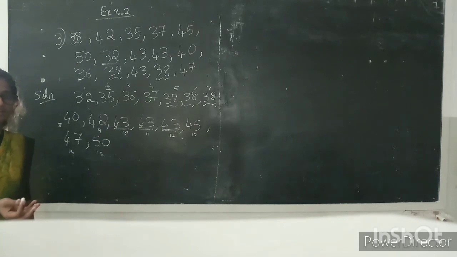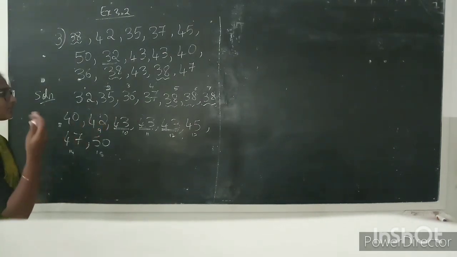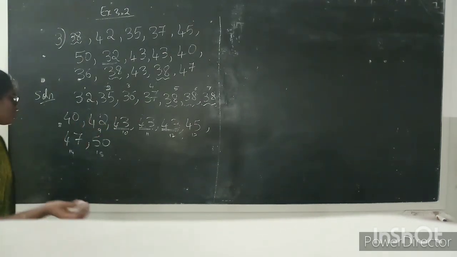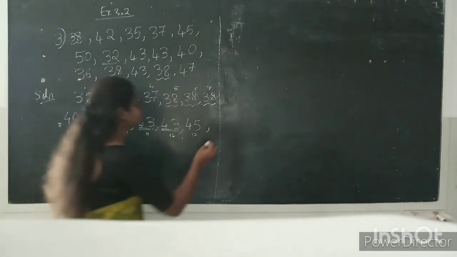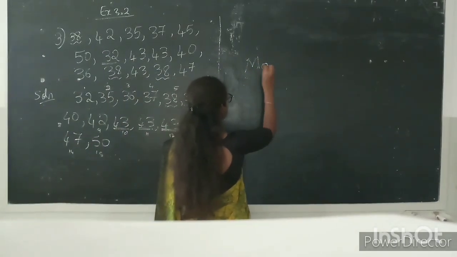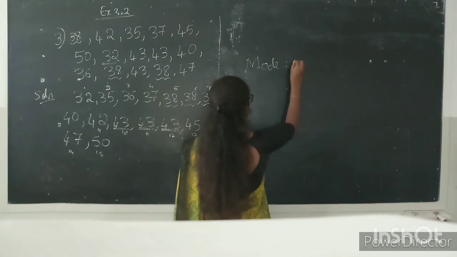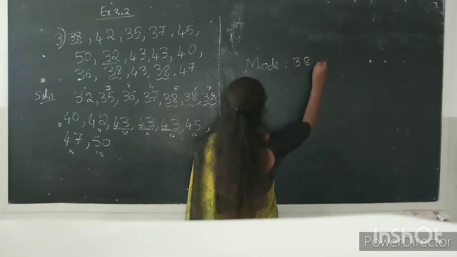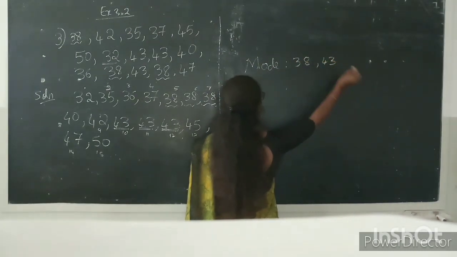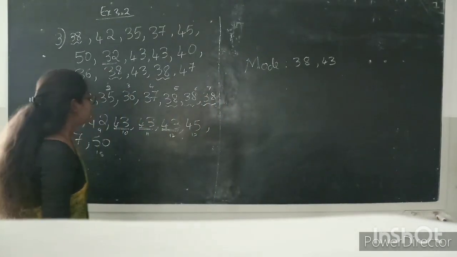So what is the mode here? Both the values are repeating the same number of times. So the mode is 38 and 43 both. Okay children?